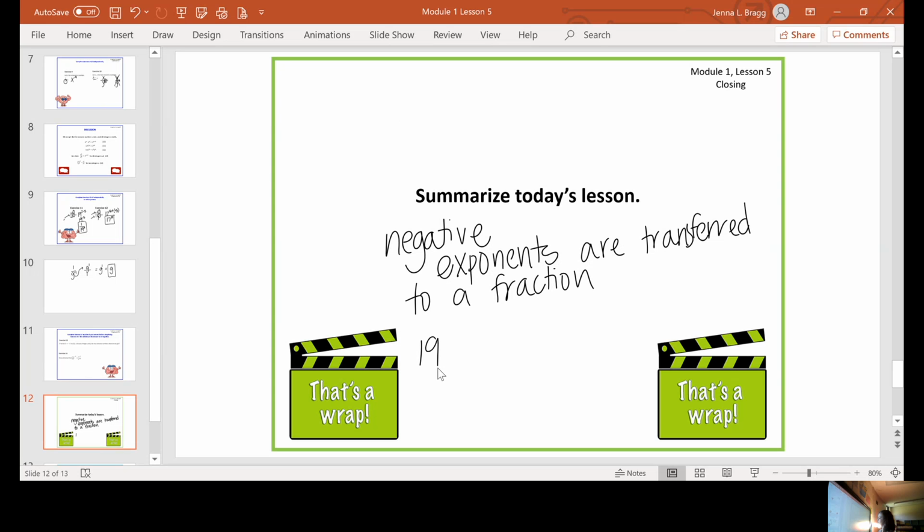If you start out with 19 to the negative 4th, move a positive 19 to the 4th to your denominator. If you have 19 to the negative 4th in your denominator, move that to your numerator over 1, giving you 19 to the 4th.